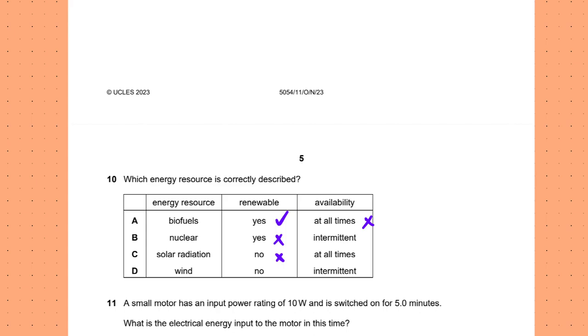And wind is renewable, no. And availability, so obviously if it's not renewable, I don't even need to go on to the next one. So what's the problem? What did I do incorrectly here? Solar is obviously renewable, so yeah, C and D are wrong.